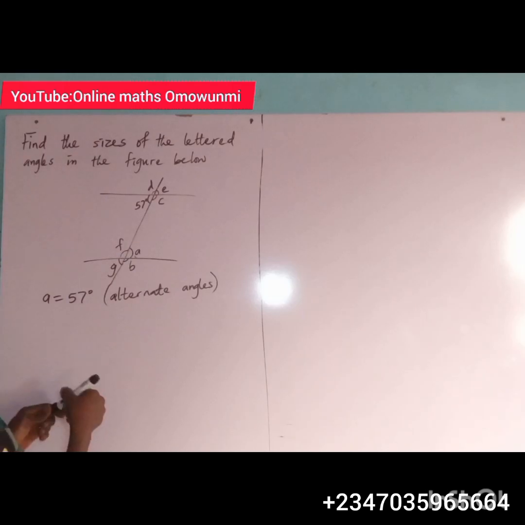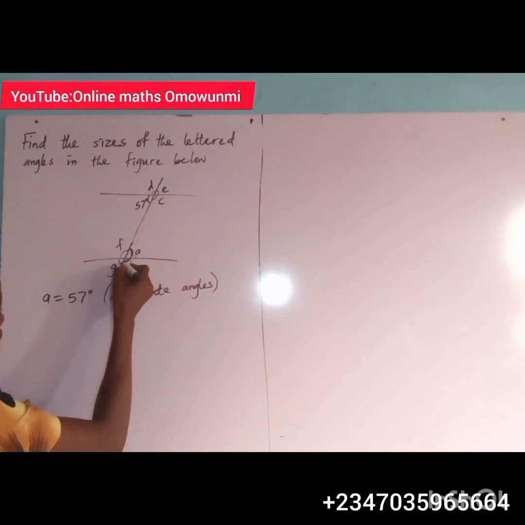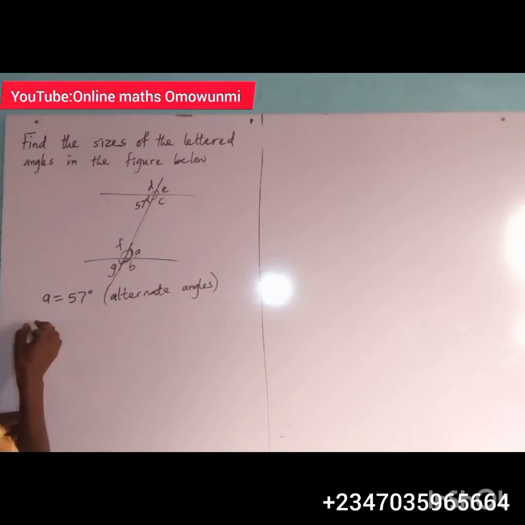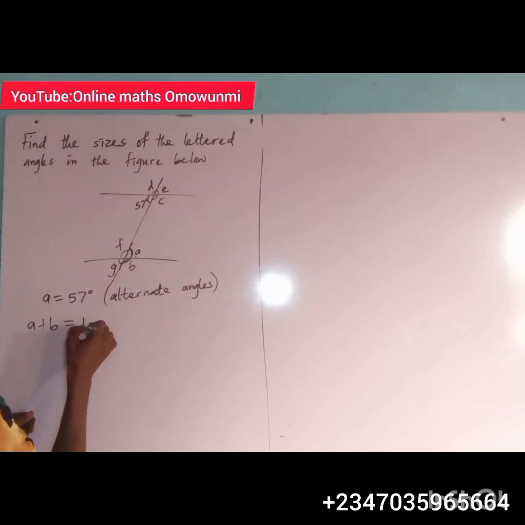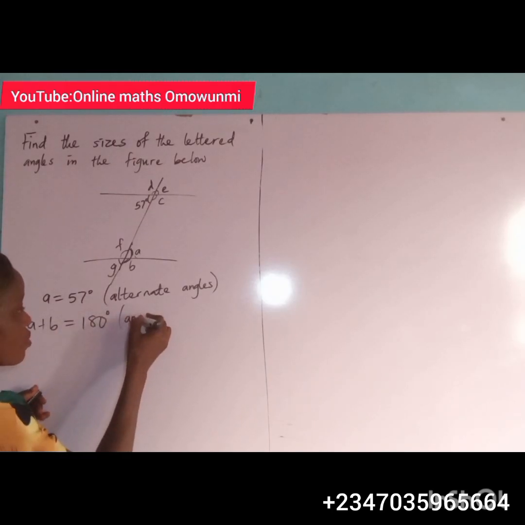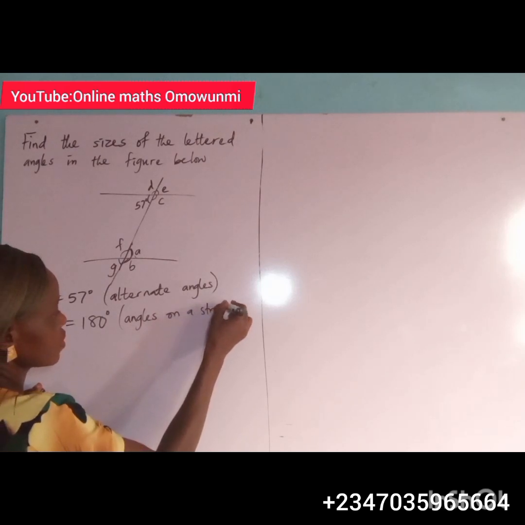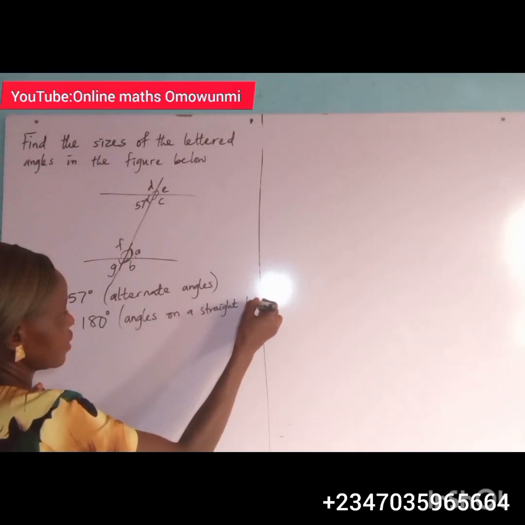So after finding A, we are going to be finding B. B and A, both of them are on a straight line. So that means A plus B will give us 180 degrees. Our reason is angles on a straight line.